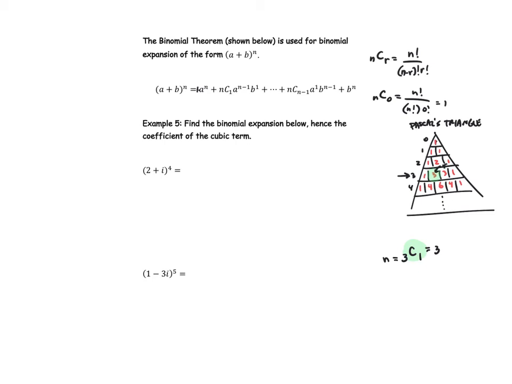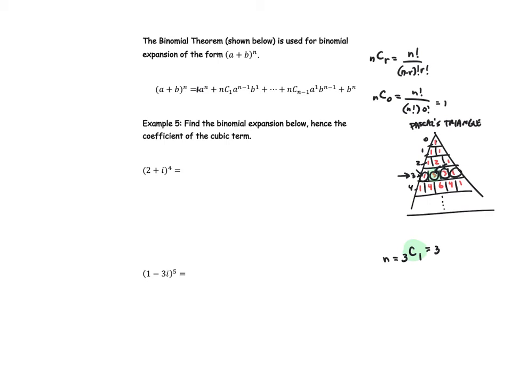So your first number in the row is always choose 0. So like if you had 3 objects and you choose 0 of them, there's only one way to choose that. If you have 3 objects and you choose 1 of them, there's 3 ways to choose that. If you have 3 objects and you choose 2 of them, there's 3 ways to choose 2 of them. And if you have 3 objects and you choose 3 of them, there's only one way to choose 3 of them.